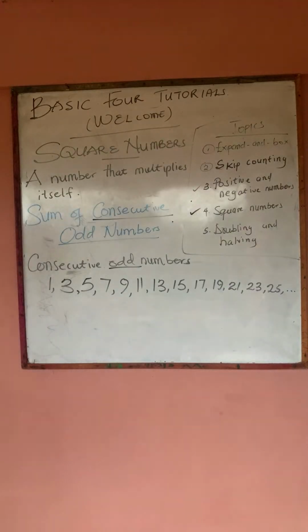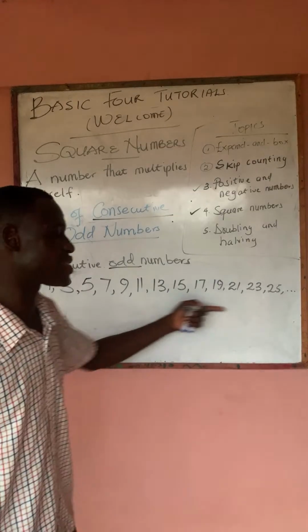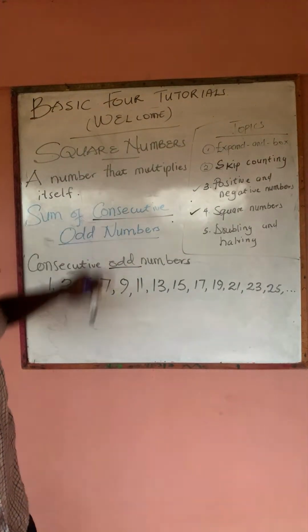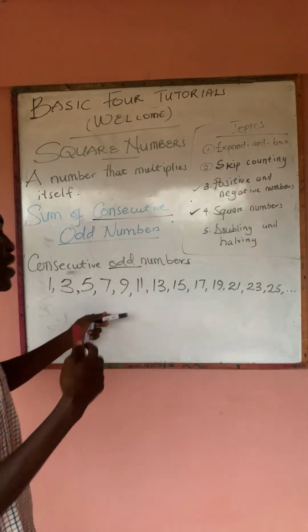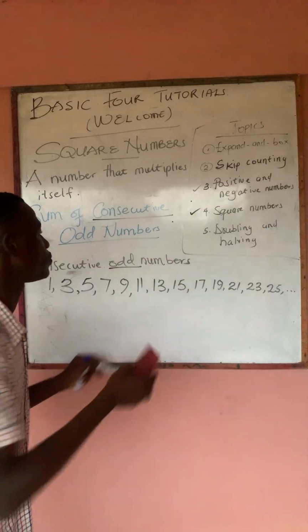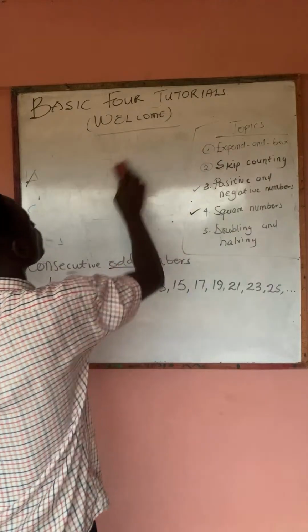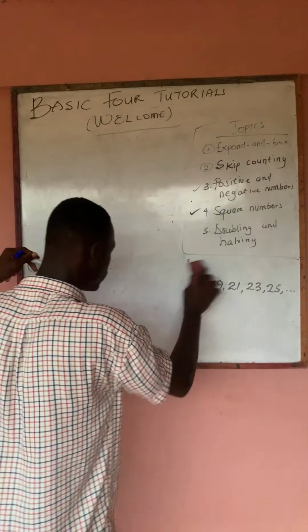So you can move up to infinity. Now, because you are going to use the sum of consecutive odd numbers in finding the value of square numbers, I'm going to copy these numbers over here so we can use them anytime that we need. So let me rewrite this over here.